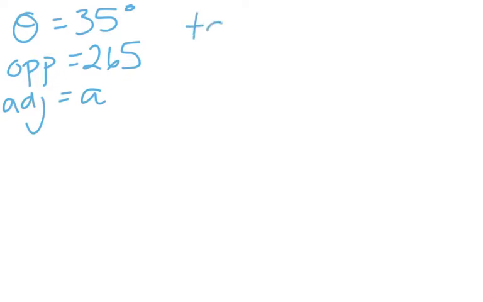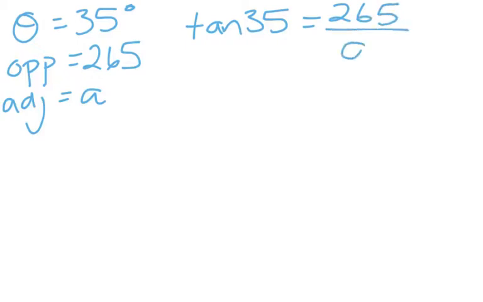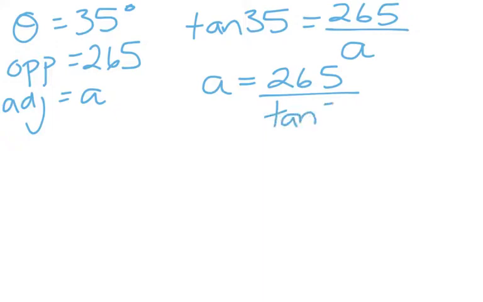So we've got tan 35 equals 265 over A. Again, we're doing division, so A equals 265 divided by tan 35. And we pop that into our calculator and we get 378 to the nearest whole number.